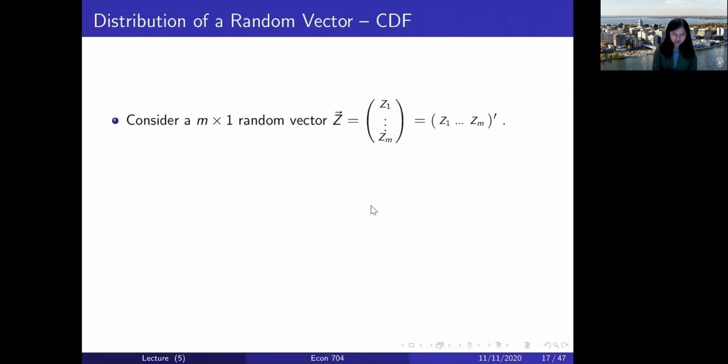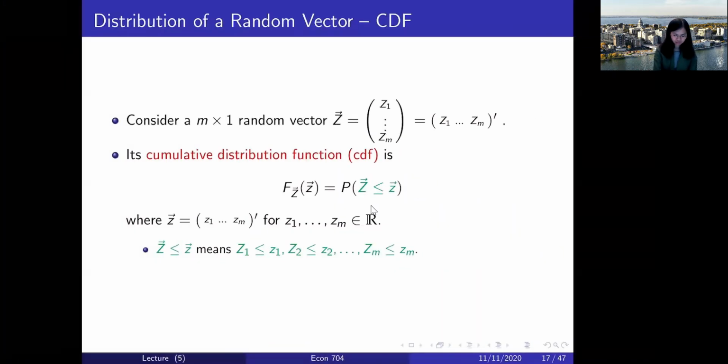So the CDF of the random vector is denoted capital F sub Z vector evaluated at some value, a value that the z vector can take. Okay, so this little z vector is an element in the m-dimensional space of real numbers.